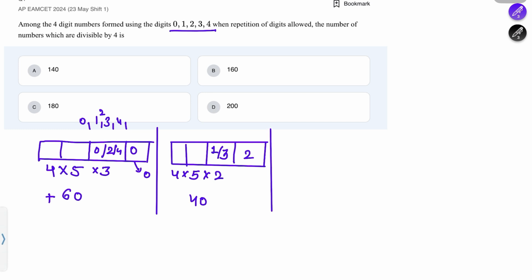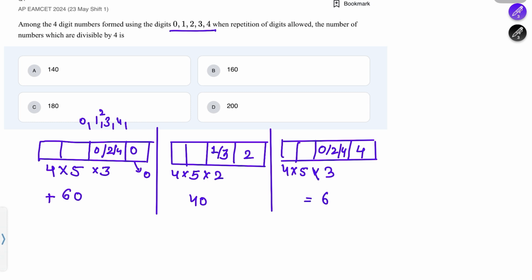Next, you can use 3, but any number with the last digit 3 is not divisible, so it is not possible. After that is 4, only a single 4, and 4 is used just after 0; 04 is possible, 24 is possible and 44 is possible. And the two digits are the same, 5 factorial, 4 factorial and 3, right?